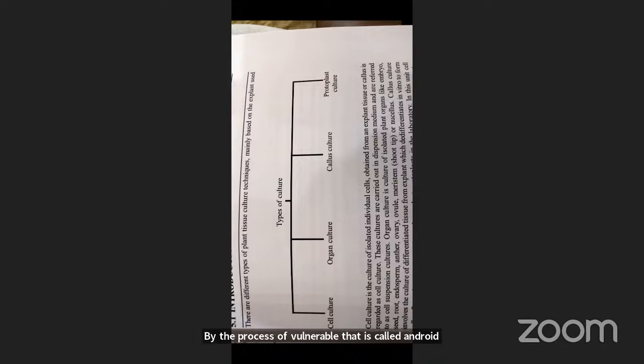Shipra Guha Mukherjee and Maheshwari, Department of Botany, University of Delhi, reported direct development of embryoids and plantlets from microspores of Datura innoxia.